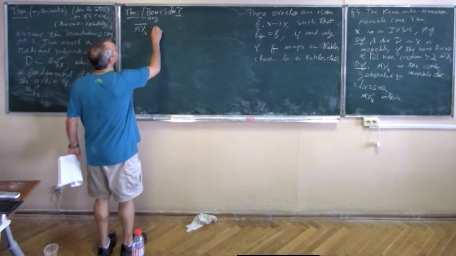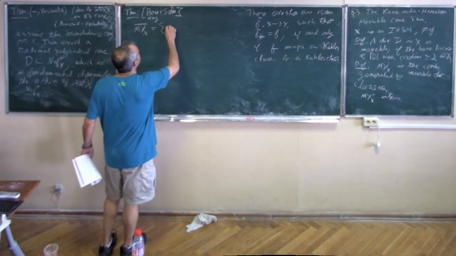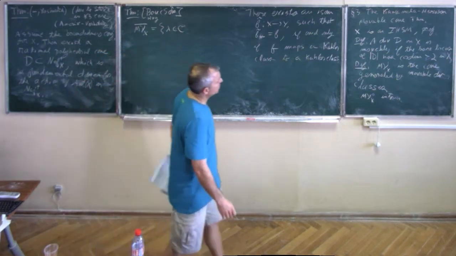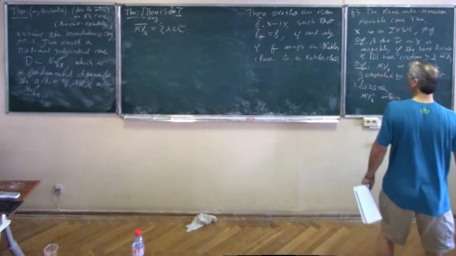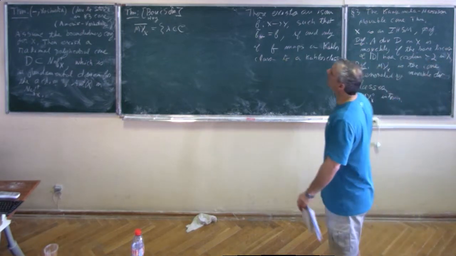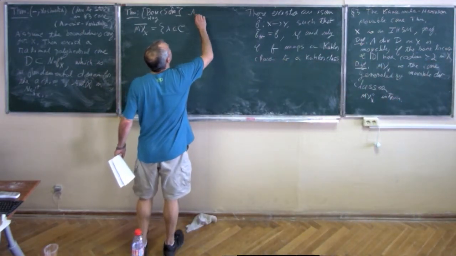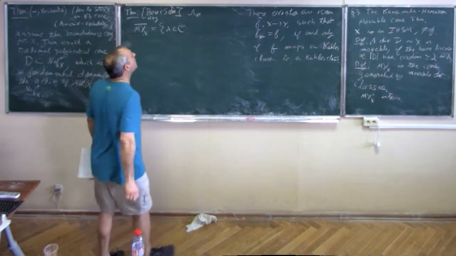This is equal to classes in the positive cone. Yes, I'm working in lambda R, which is the Picard group tensor R.